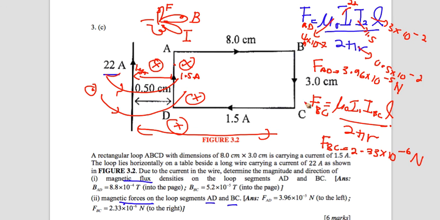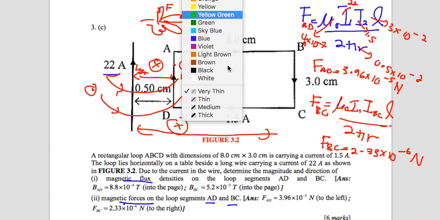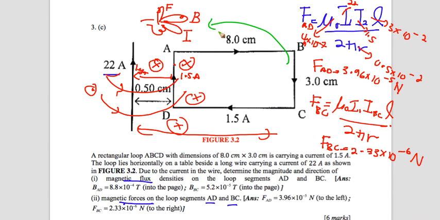As for the direction, you can still use the left hand. The direction of B is also into the page here, produced by the 22 ampere straight wire.